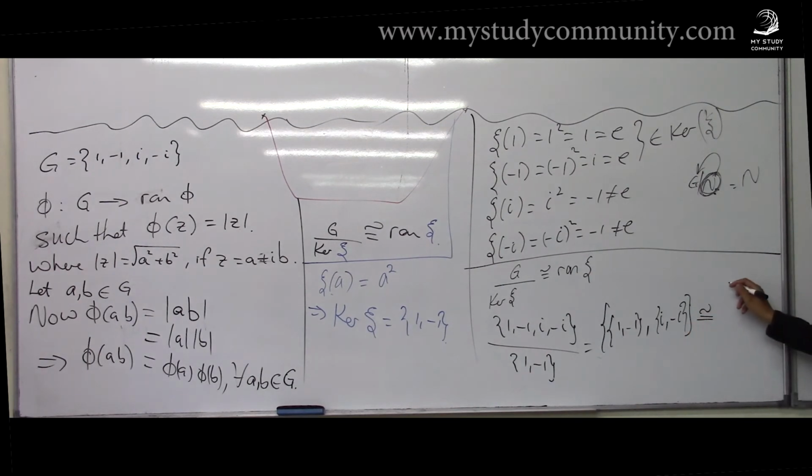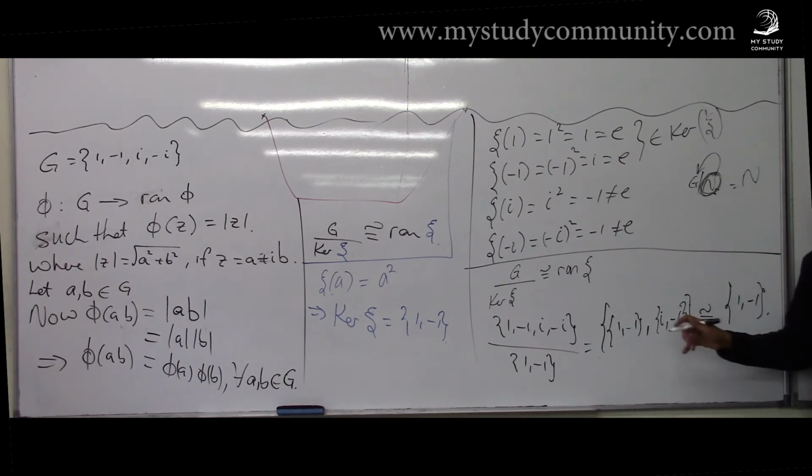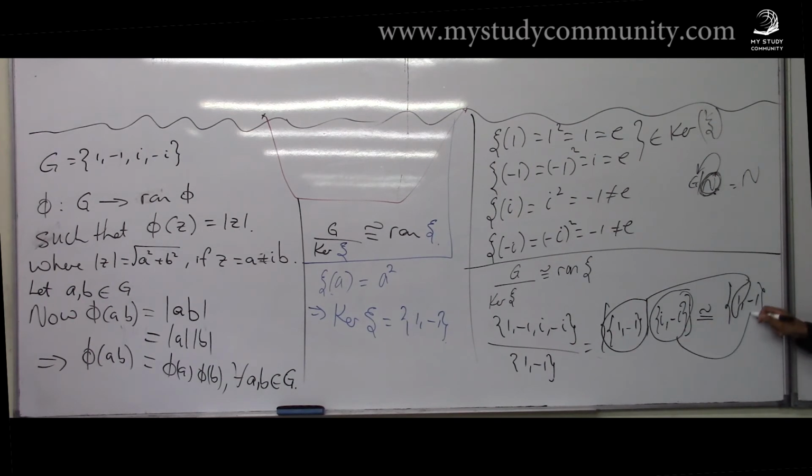So this is isomorphic to 1, minus 1. You all follow? If I were to make some analogy, this here would be linked with this, and this one would be linked with this. You all follow? Good.